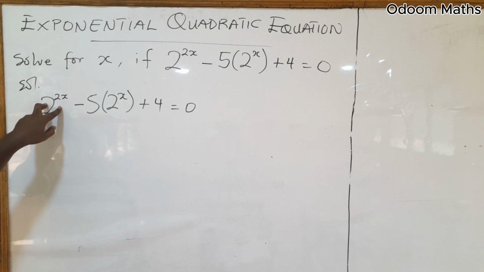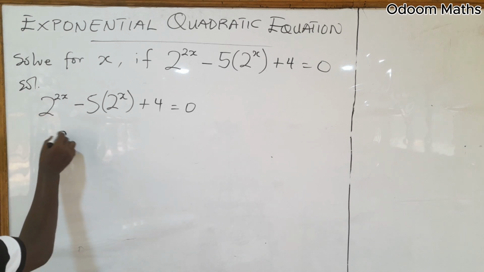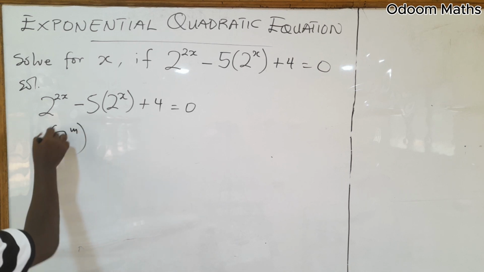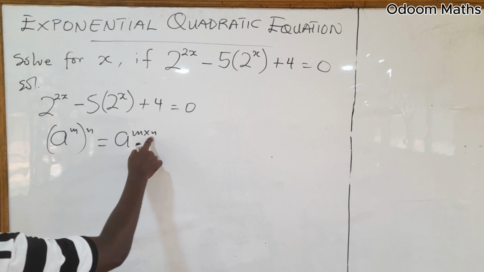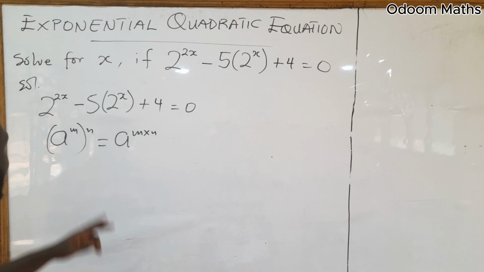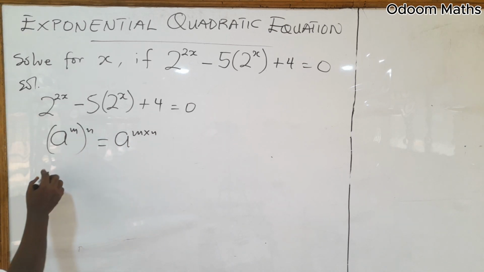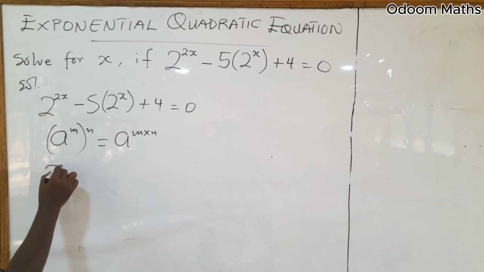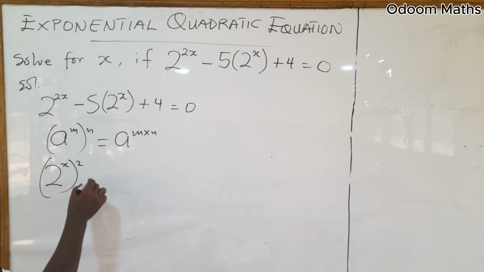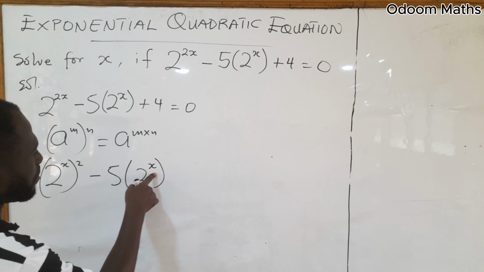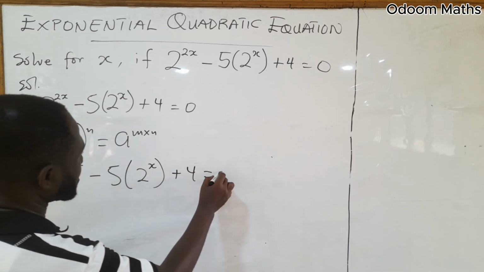Look at this. The third law of indices, which says a to the power m, all to the power n, is a to the power mn, is being applied here. So this can be written as 2 to the power x all to the power 2, then minus 5 in the bracket 2 to the power x plus 4 equals 0.